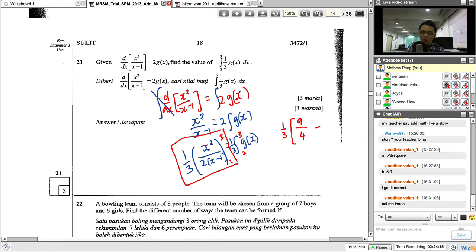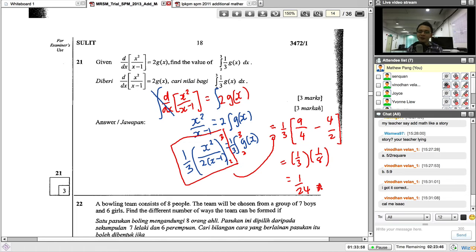Minus, I substitute 2 into here, 2 squared is just 4, right? Yeah, 4. 2 minus 1 is 1, 1 over 1 multiplied by 2 is just 2. Continuing here, this one will be 4 over 8, so it's 1 over 8. So it's 1 over 3 multiplied by 1 over 8. So basically it's 1 over 24.